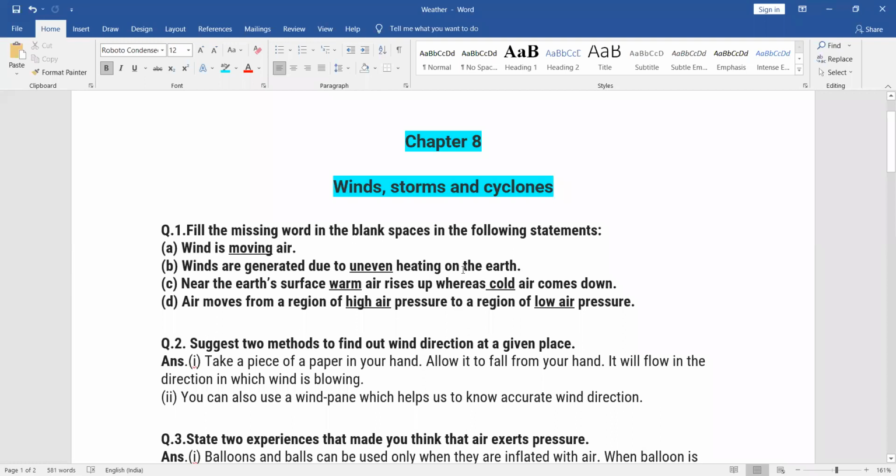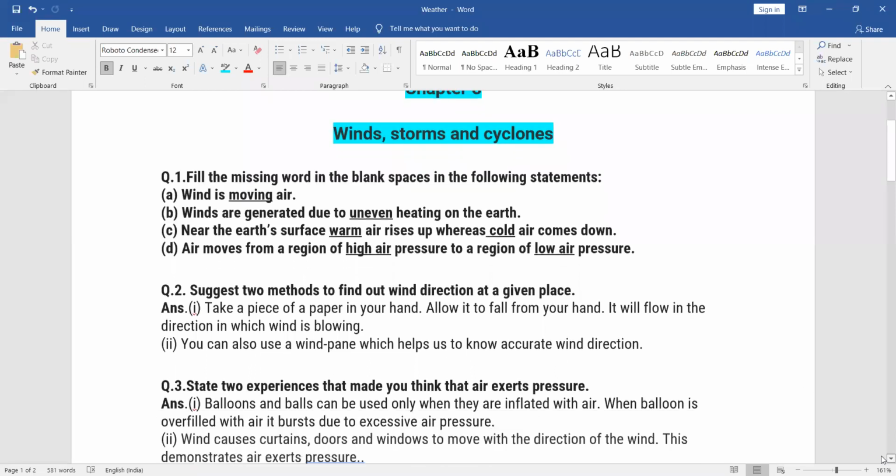For the fourth one, just mark your answer as: air moves from a region of dash pressure to a region of dash pressure. Just mark it in your books that air moves from a region of high air pressure to a region of low air pressure. Fill it in there in your books.